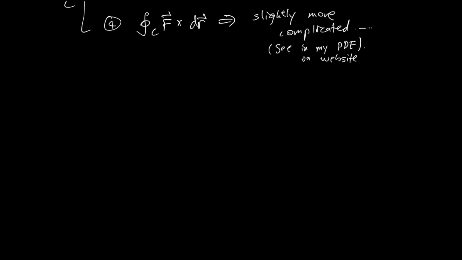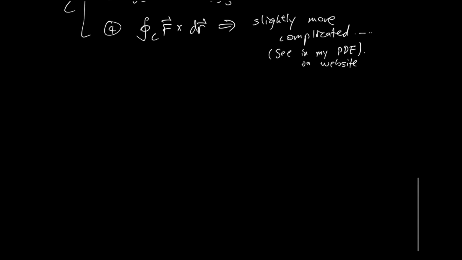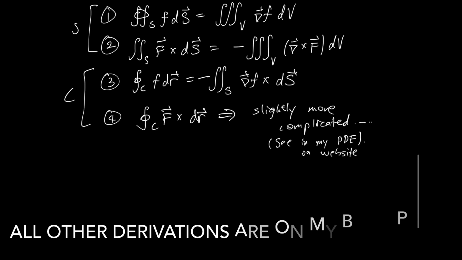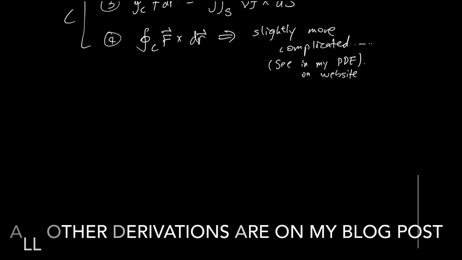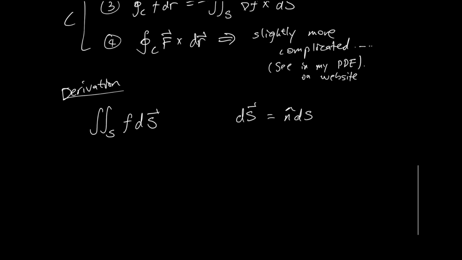All right, that's pretty much it. But I do want to show you an example of a derivation here. So for example, consider this. To find this surface integral, we usually start with the fact that ds is equal to n ds, where n is a unit vector.